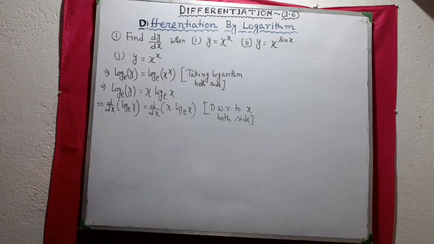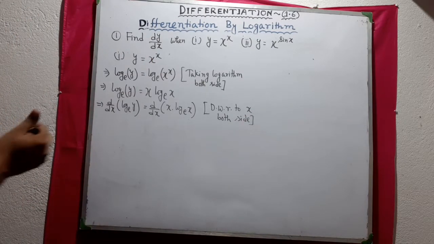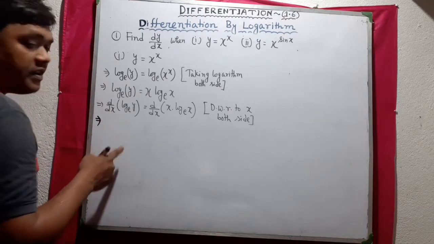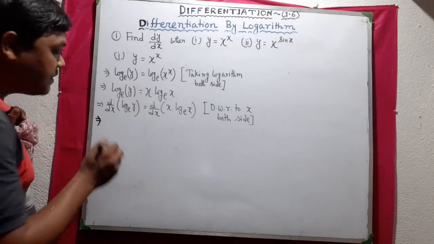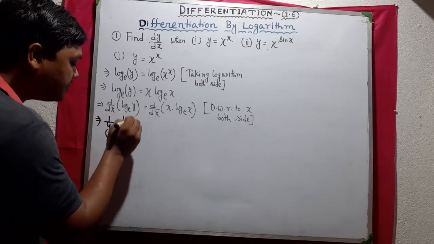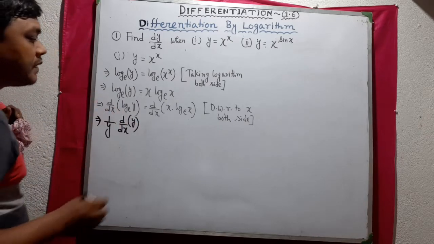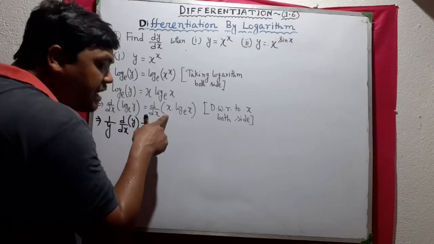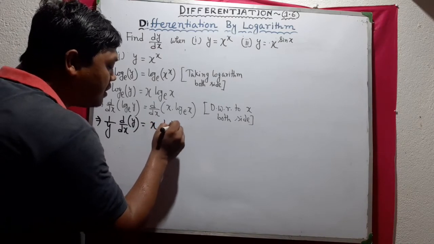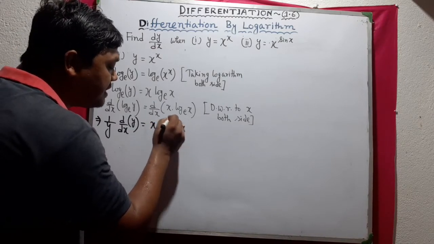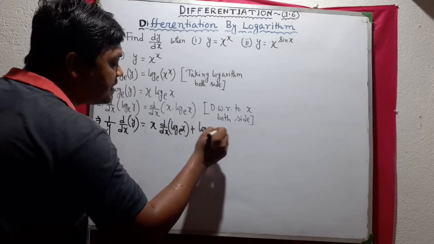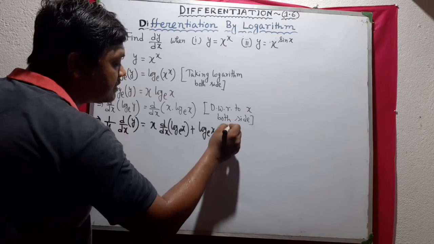Now according to the differentiation formula, derivative of log of something is 1 by y d/dx of y. And by using the u into v rule, x into d/dx of log base e x plus log base e x into d/dx of x.